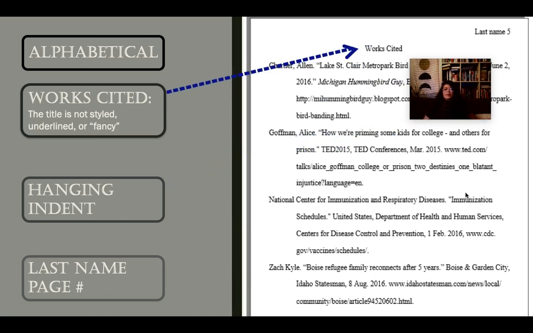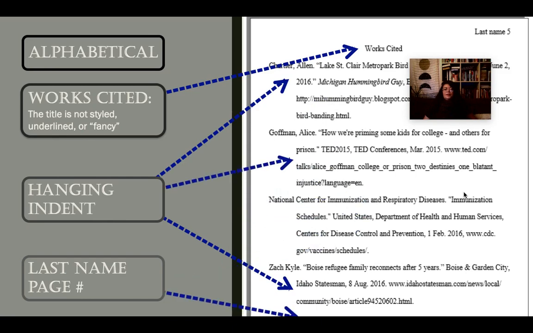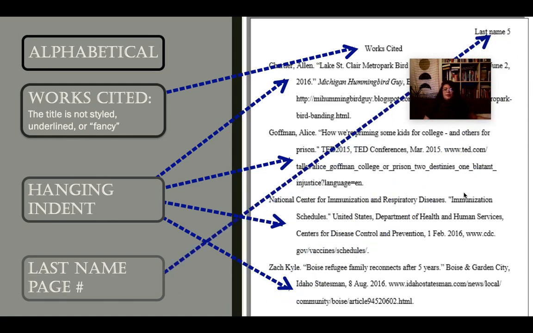I have works cited. And if you look, I have more than one work cited, so it's a works cited page. Then I have my hanging indent, and I have my hanging indent for every single source that I have listed. And then lastly, not to leave anything out, I have my last name and page number. Right? Easy.